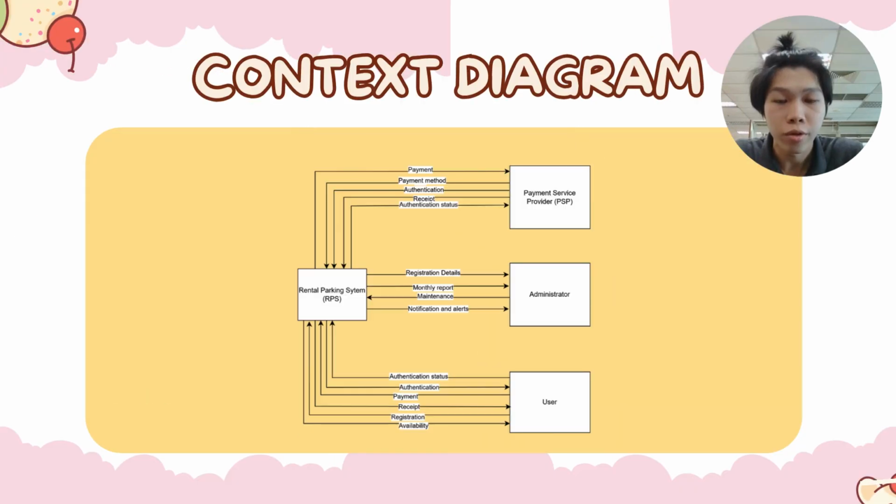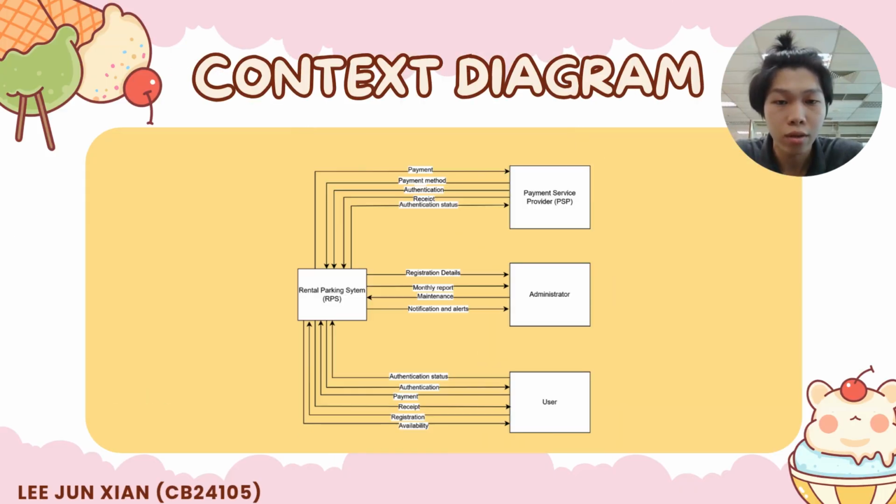For the context diagram part, it contains four entities, which are the rental parking system RPS, payment service provider PSP, administrator, and user. The rental parking system provides the payment details and payment methods to the payment service provider. Then the payment service provider needs authentication from the users through the rental parking system.